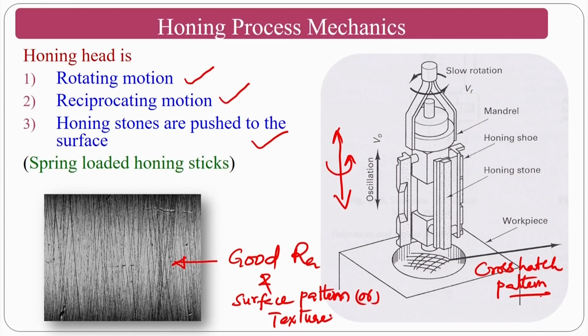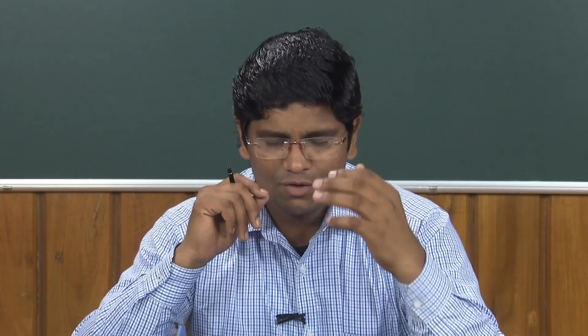Why do you require this crosshatch pattern? Normally, take engine cylinders. In the olden days, if you go back 20 years, whenever you went to a petrol shop to fill petrol, they would also fill lubricating oil along with it. The petrol mixed with the lubricating oil goes to your engine cylinder, the piston region.